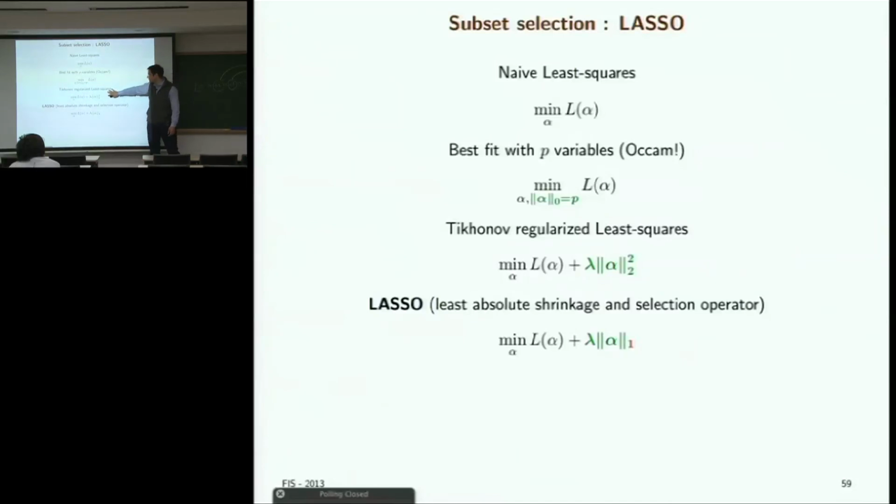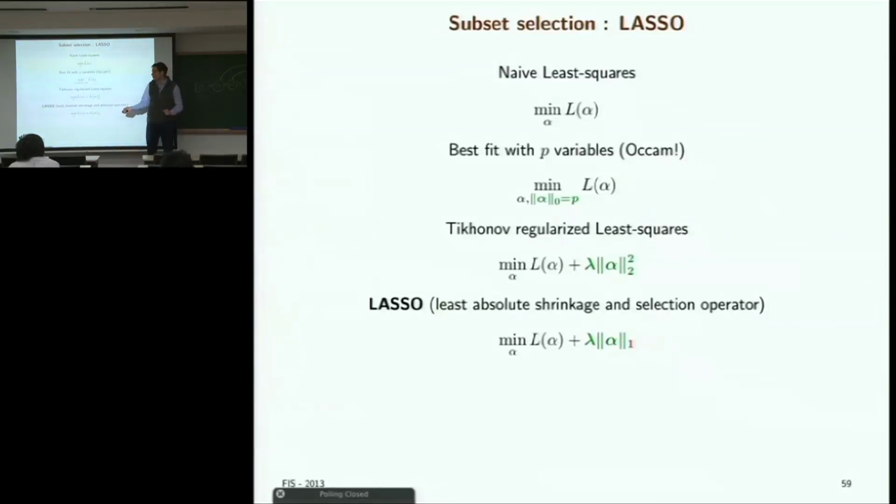Tikhonov regularized least squares is a way of regularizing your X transpose X so that it's invertible, so you avoid numerical problems, but you don't do variable selection. The last one, if you really look, really looks like Tikhonov, but it's not. It's called lasso. And the idea is to minimize L of alpha, but this time you add the one norm of alpha.